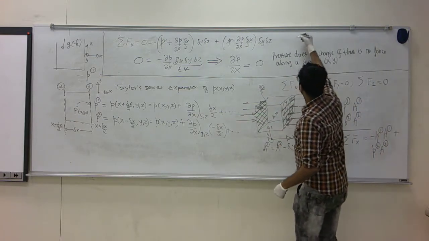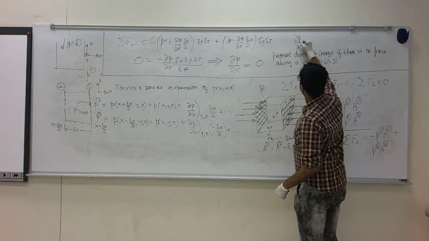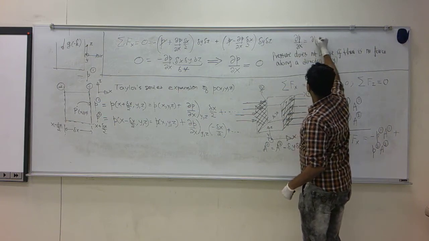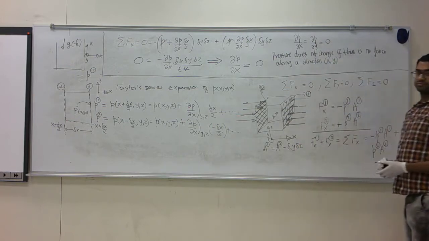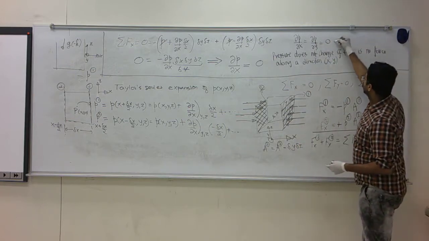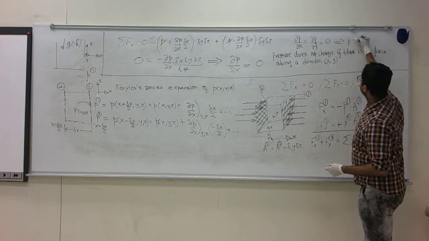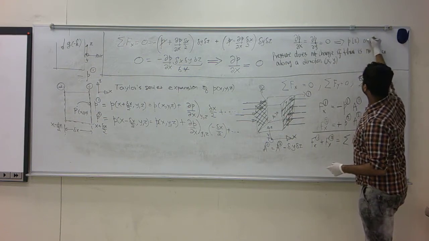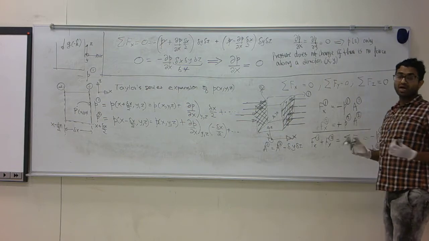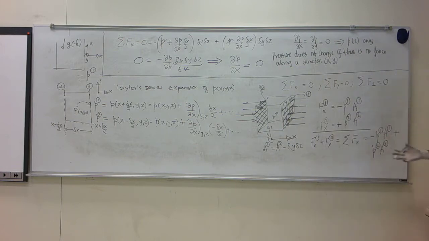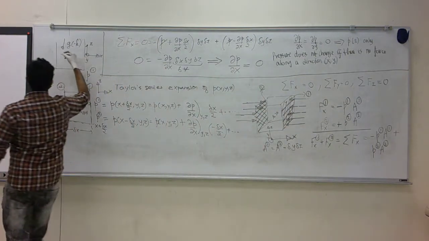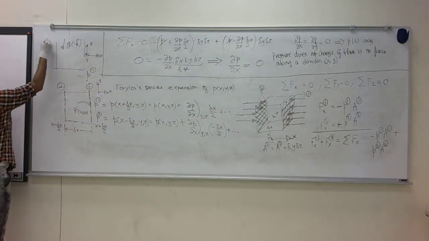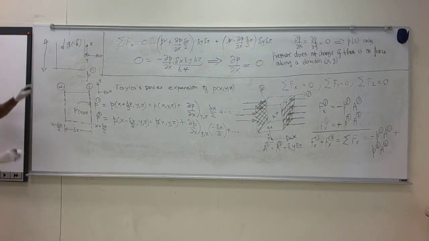I can also write the partial with respect to x is equal to the partial with respect to y is equal to 0. This implies pressure is independent of x and y. If it changes at this point, it could only be due to changes in z. The pressure can vary only with height and not with x and y direction.